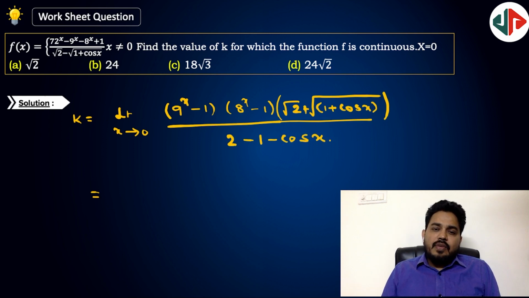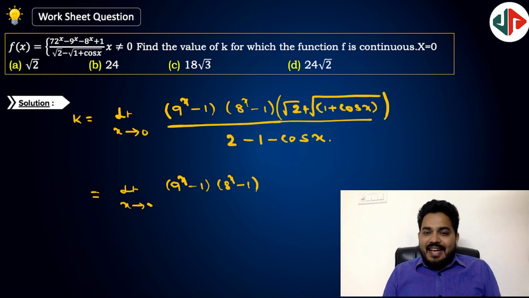So it is equal to limit extending to 0, 9 power x minus 1 into 8 power x minus 1. And actually, you take this x is equal to 0, root 2 plus root 2. This is 2 root 2. I need not wait for that.